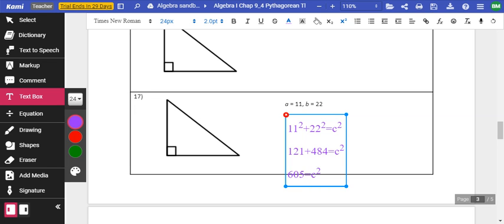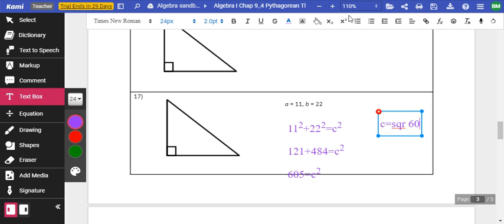Nope. 605 divided by 4. Nope. So I think we just are going to say that c equals the square root of 605 and leave it at that. Okay, so that's how to do this with simplifying square roots.